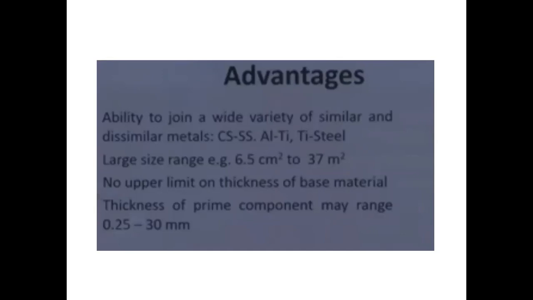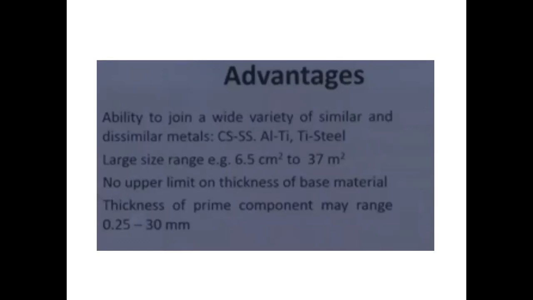Because of the difference in the melting points, one would melt at a lower temperature and the other at a high temperature, causing a problem in joining, and the bond that results will not be that sound. For strength reasons and reactivity reasons, we're not going for other types of welding, but we can go for this type of solid state welding process, that is explosive welding.